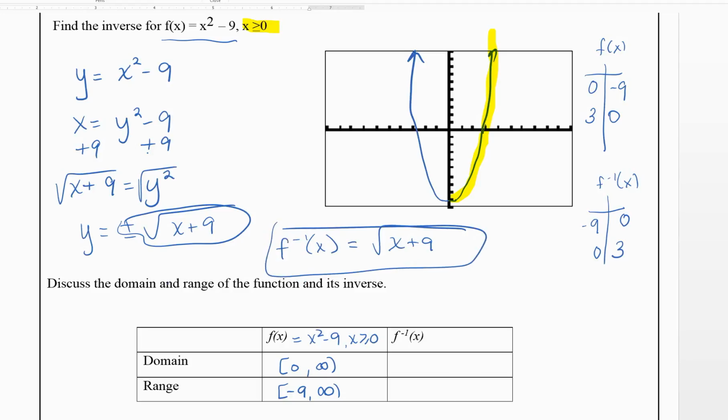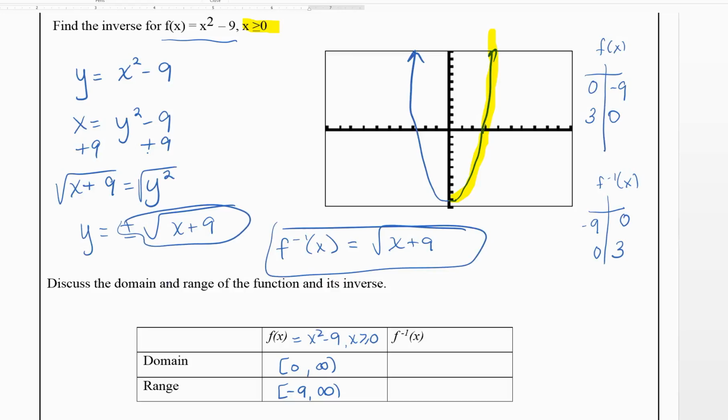So here's our function. Now, if we look at f of x equals the square root of x plus 9, well, that graph, we can graph it.